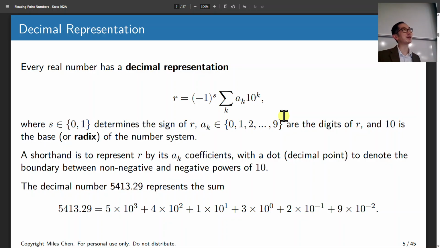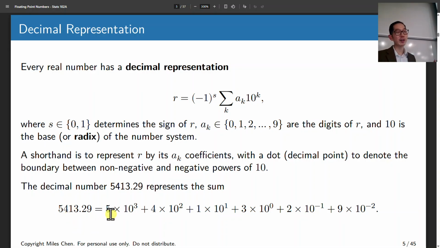It feels so dumb to bring this up in a college class, but this was a big deal in probably 2nd grade or something. Take this number, 5,413.29. You would read it as 5,413 and 29 hundredths.